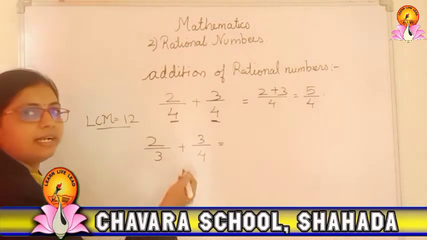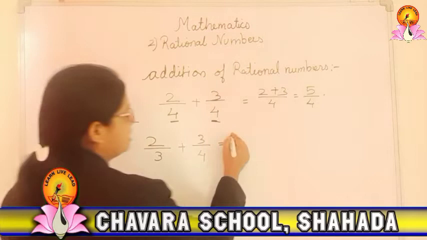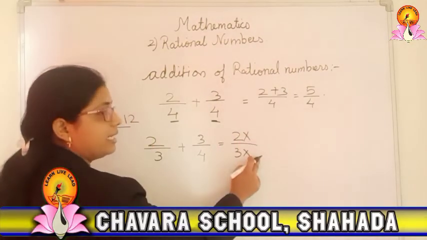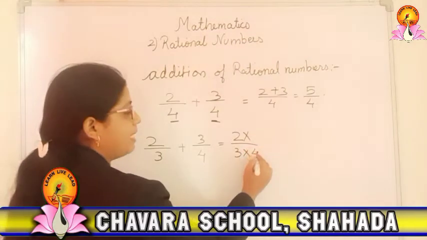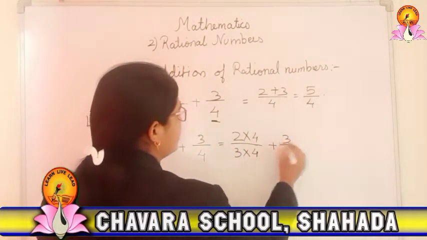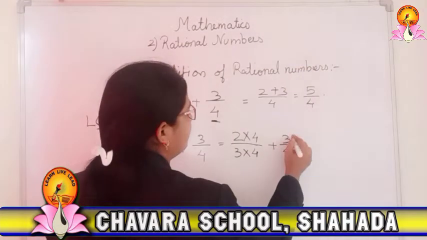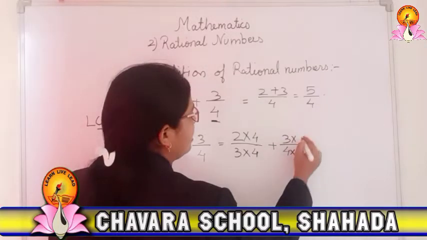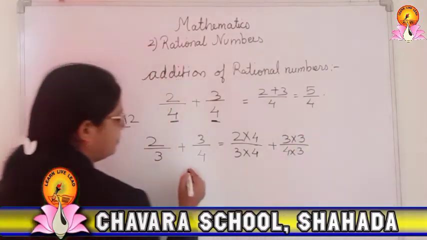So after finding the LCM, just solve the example. What number will we multiply to 3 to get the answer 12? We will multiply 4, plus what number will we multiply to 4 to get the answer 12? We will multiply 3, and numerator also 3.